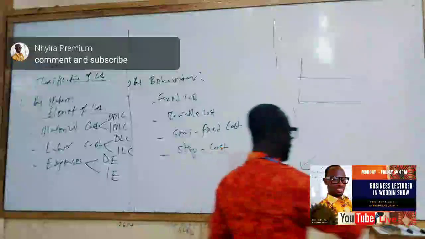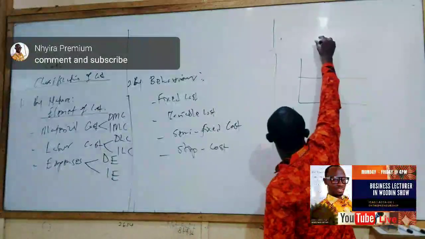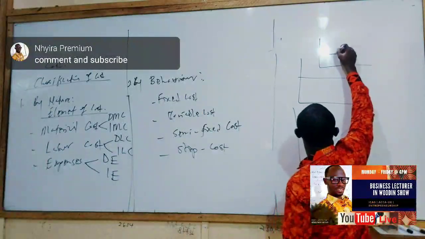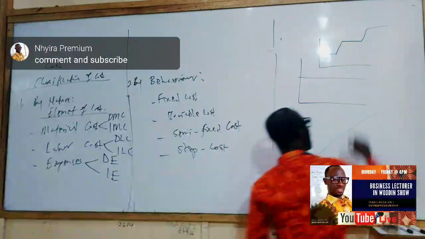Diagrammatically, that looks like this: fixed, variable, step cost.